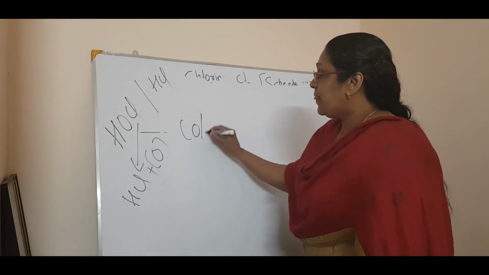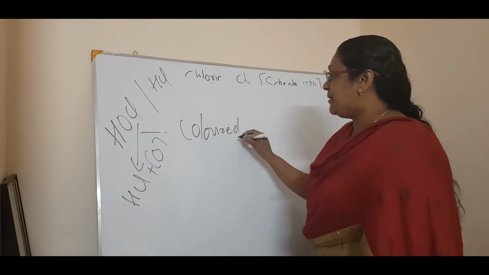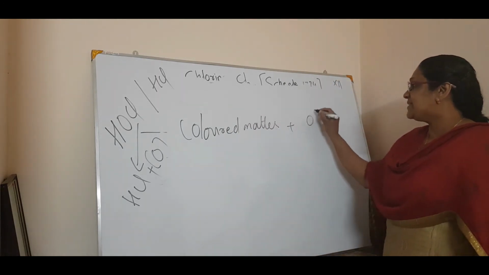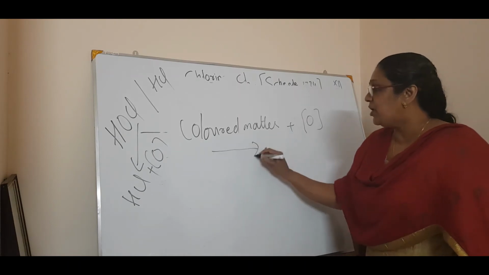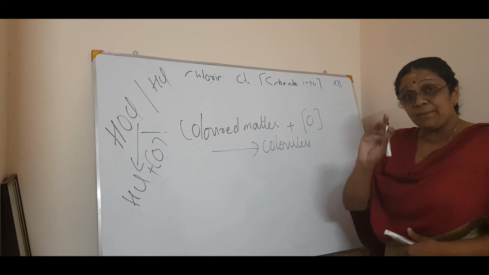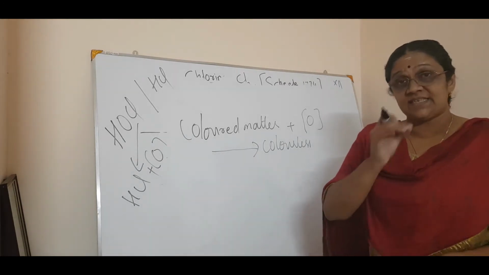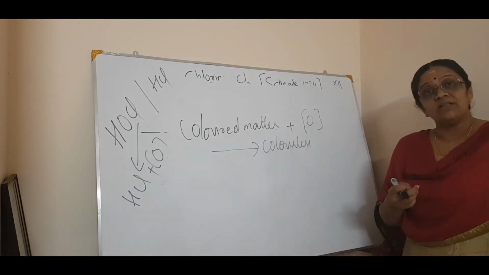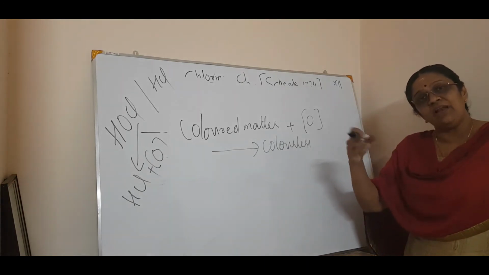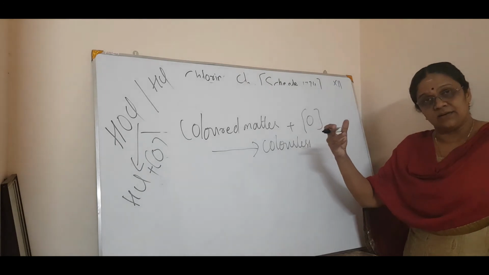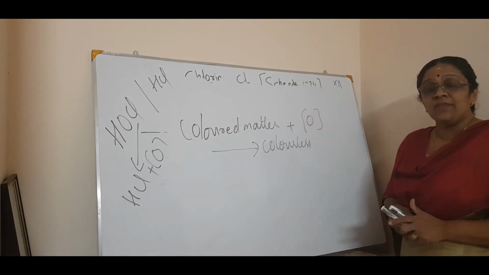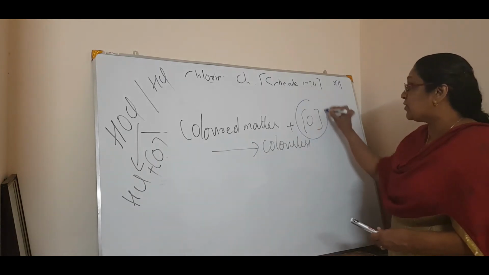So you can say the colored matter, the vegetable matter or the organic matter, plus this nascent oxygen will give you colorless matter. This is how the pigmentation on your dresses, if you give them to laundry, they will use the bleaching action of chlorine. They will put bleaching powder into it and make the colored thing colorless. So what is mainly happening? The reaction with the nascent oxygen.